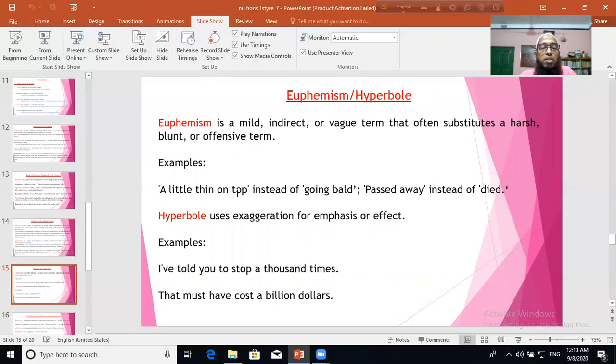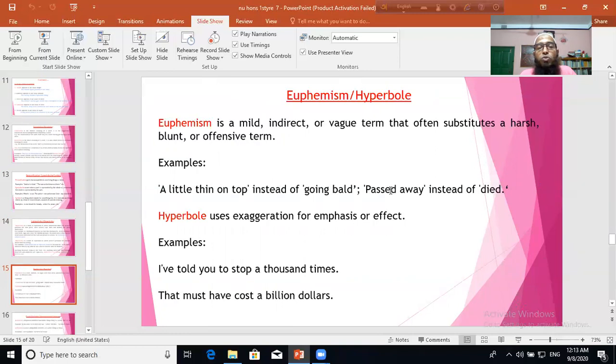Example: "a little thin on top" instead of "going bald." Without saying going bald, if someone says a little thin on top, meaning on the head, this is an expression of going bald.